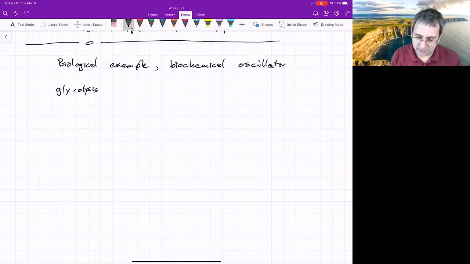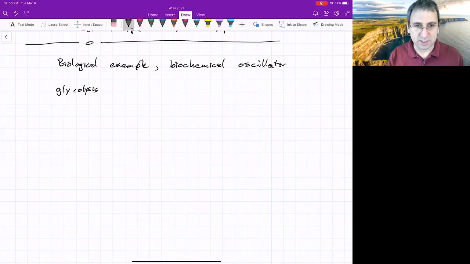There was excitement about biological oscillators because it was thought, okay, if there are chemical reactions that can form oscillations, maybe that's a fundamental chemical basis for oscillations seen in different types of behavior in biological systems, like day-night cycles, heartbeat. Glycolysis, there have been some simplistic models proposed about how it works.